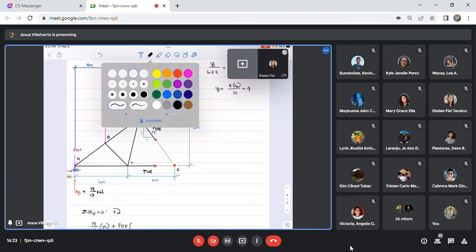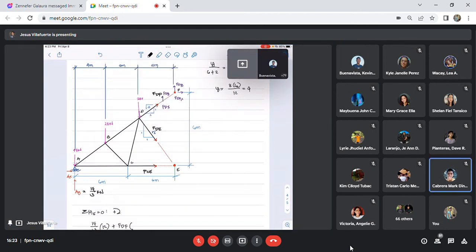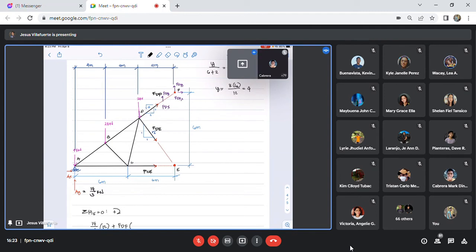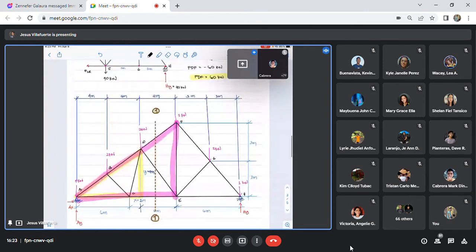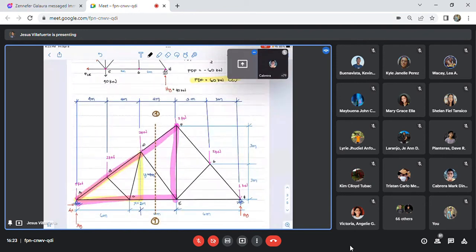Joint F, sir. It is better to place the components at point F because we already know the distances there. The distance from A to F is 12 and the distance from E to F is 6. If we place the vertical and horizontal components elsewhere, then we have to locate those distances again for our moment arm.